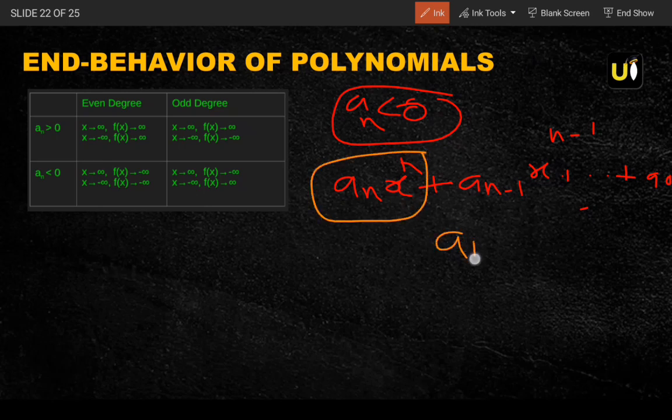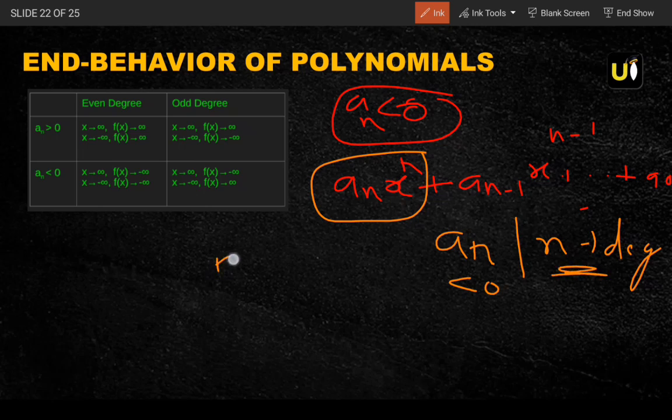So here we already have a negative sign. This negative sign multiplied by this positive value will lead to a negative value. That's why here when x is tending to infinity, f of x will tend to minus infinity.